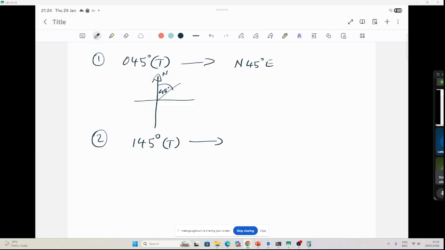As I told you, you have to find the closest of north or south, then measure the angle from there, the shortest. Southeast, yes.